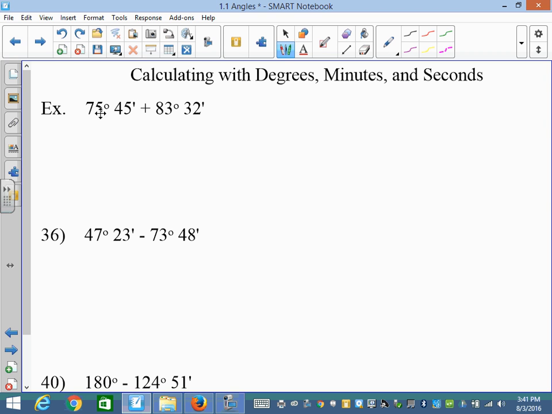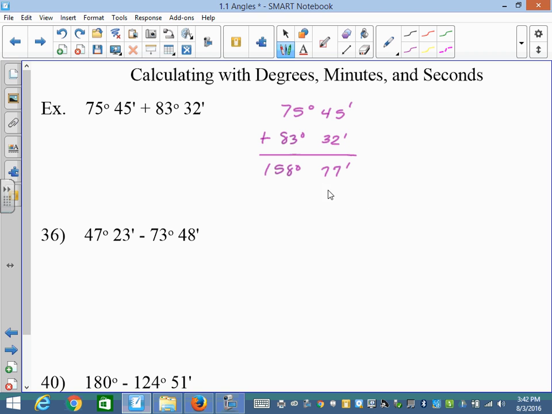So I've got 75 degrees, 45 minutes, plus 83 degrees, 32 minutes. I add this up, I get 158 degrees and 77 minutes.